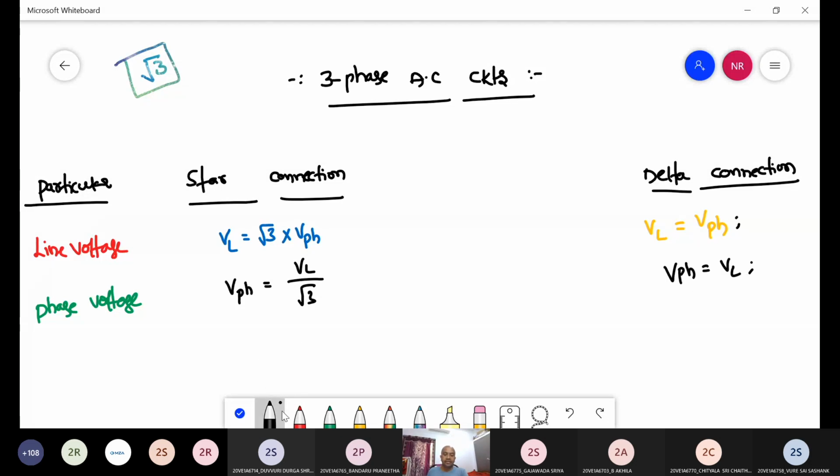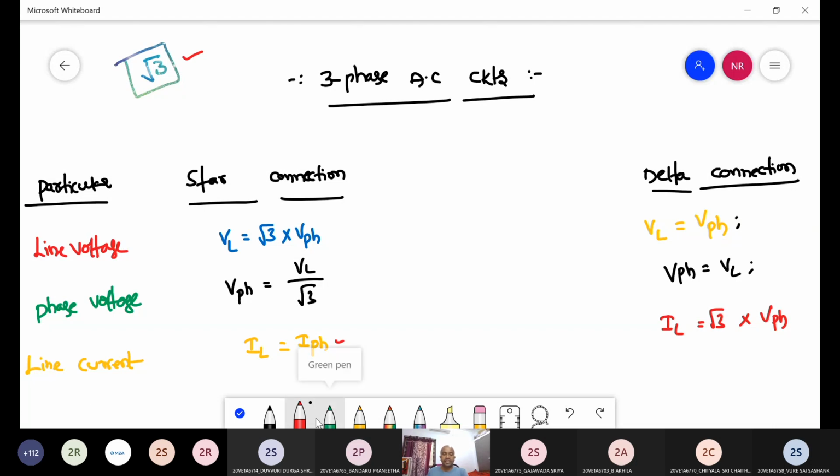Then the next one is the line current. In delta connection, IL is equal to root 3 into I phase. In star, IL is equal to I phase. If the current is the same in one, then in the other it has the difference, which is root 3 times.